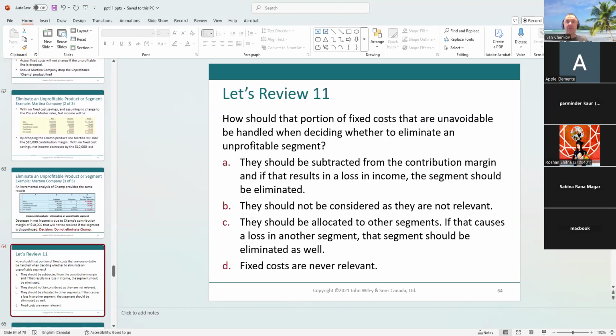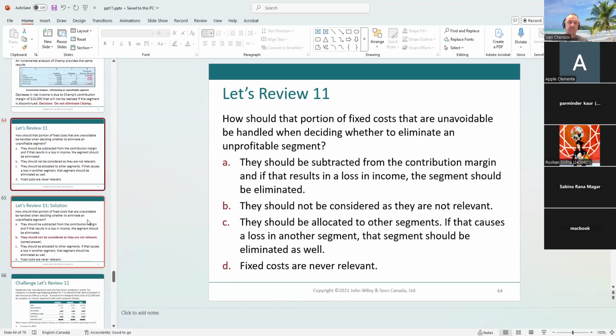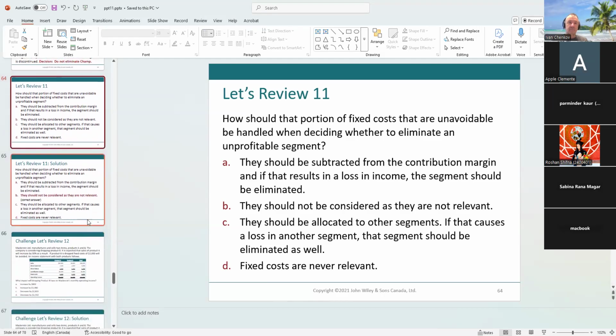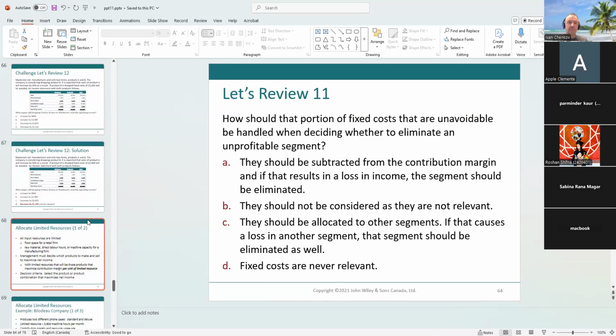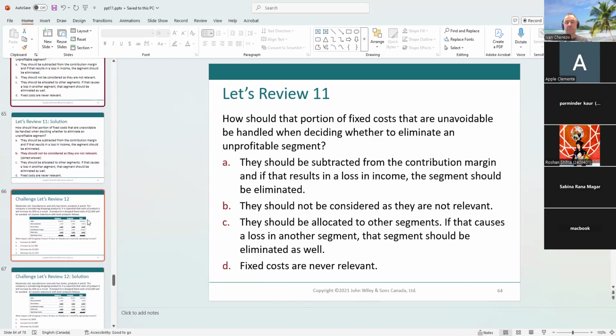Let's see if there's an example with this. Tell me what should I do here. Can you guys see my screen?